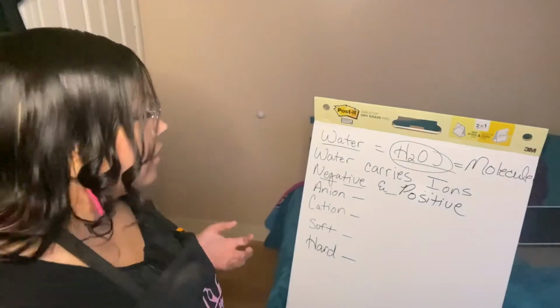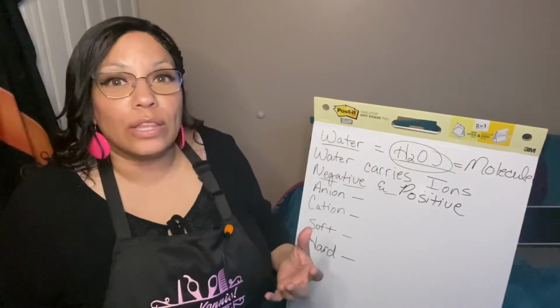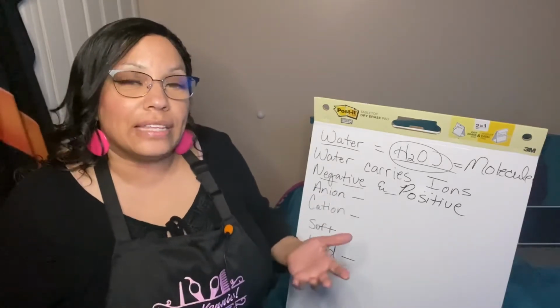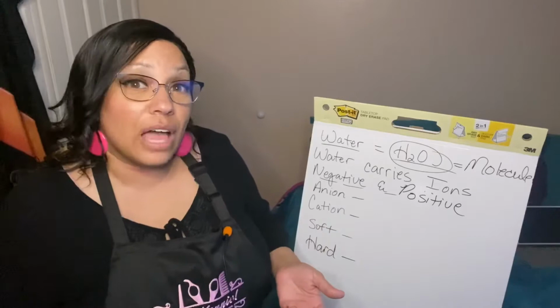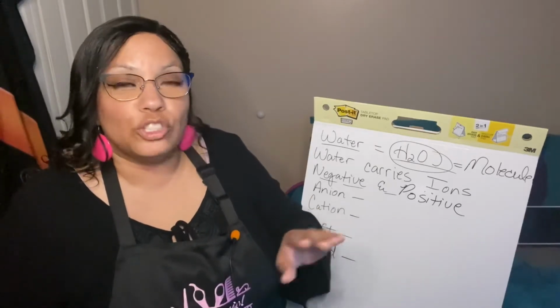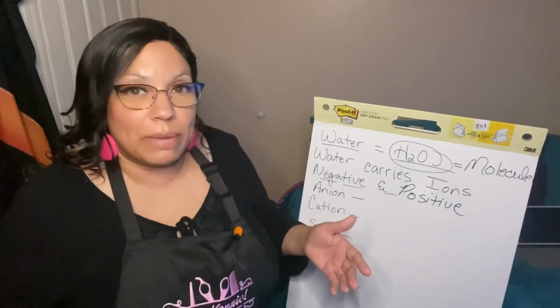So with water, we wash our towels, we shampoo our hair, we rinse out color, we rinse out highlights, and it's a huge part of our daily routine in the salon, right? Now, this is what I want to tell you about shampoos and conditioners and any product that you have maybe at home.